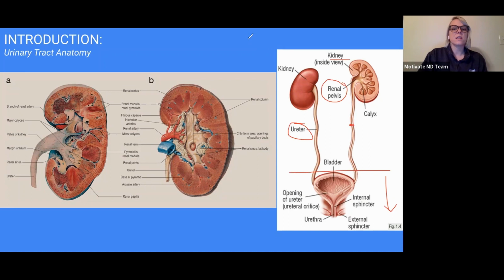But based on the area, we have different infections. If we have an infection of the urethra, that's urethritis. In men, an infection of the prostate is prostatitis. Of the bladder, that's cystitis. So it's looking up for you guys. It's getting easier, hopefully. And if we have an infection of the renal pelvis, we call that pyelonephritis.